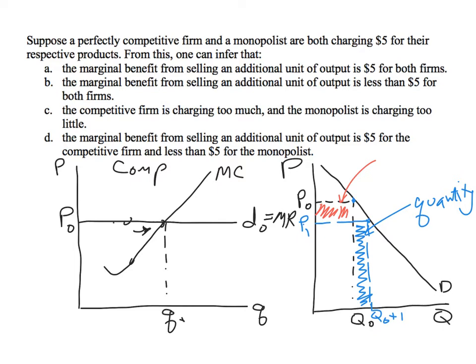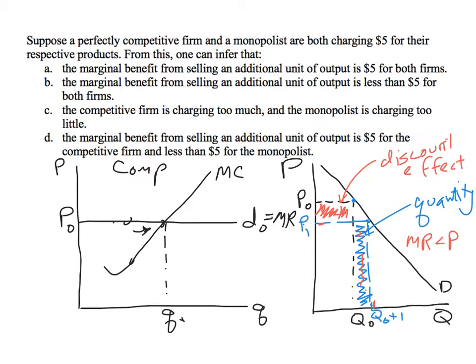So in order to sell more, it has to lower the price, not just on the new one it sells, but on the other stuff it had been selling. So it has to, in other words, discount the output that it was selling. So this is the discount effect, quantity effect and discount effect. So yes, revenues go up because of the quantity effect, but they're offset by this discount effect. So marginal revenue is always less than price.